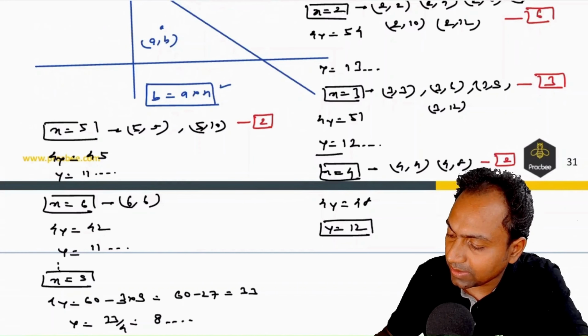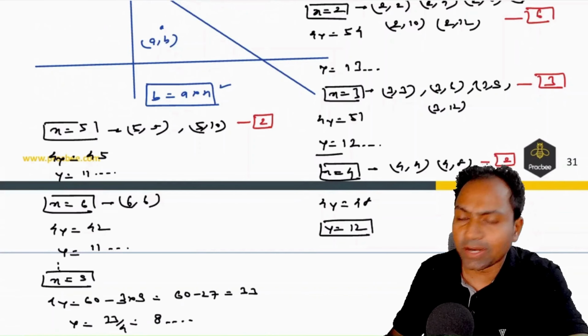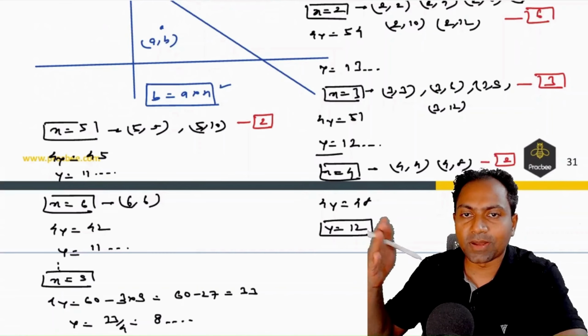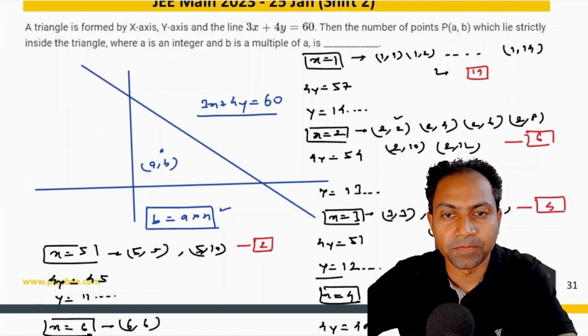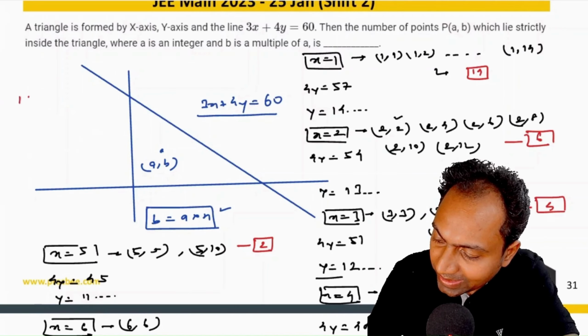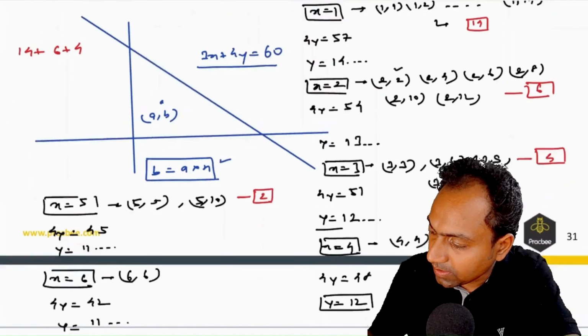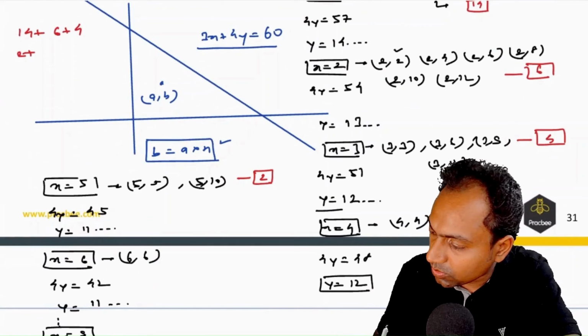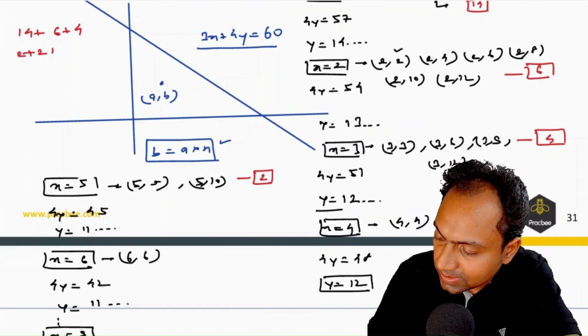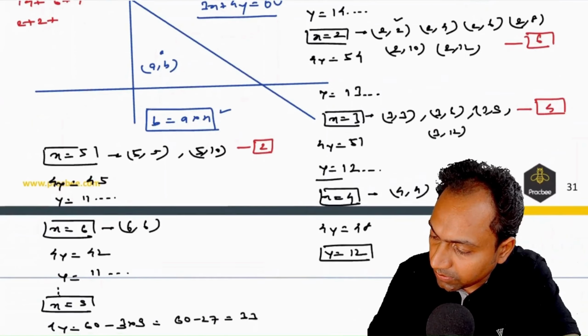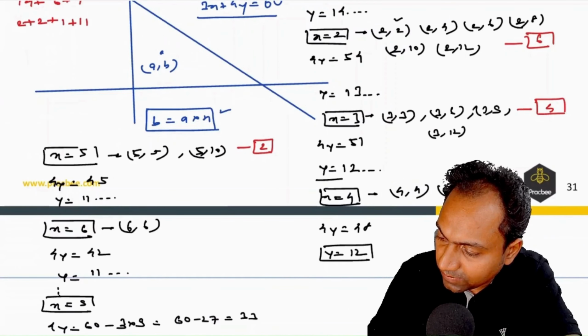You can see that once we cross 9, this value is smaller than it, so we will never get a multiple of 9 comma multiple. So if I sum it up, what I get is 14 plus 6 plus 4 plus 2 plus 2 plus 1 for 6, 1 for 7, 1 for 8. If I add it up, it comes out to be 13.